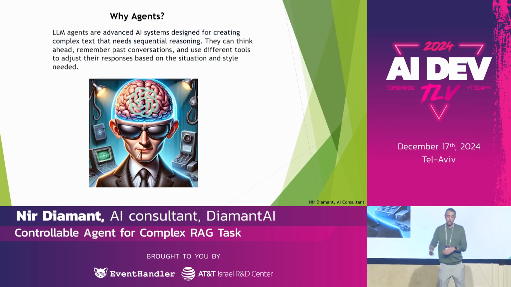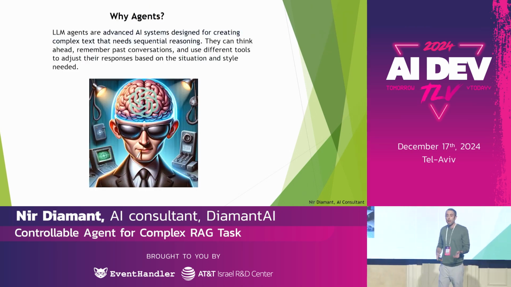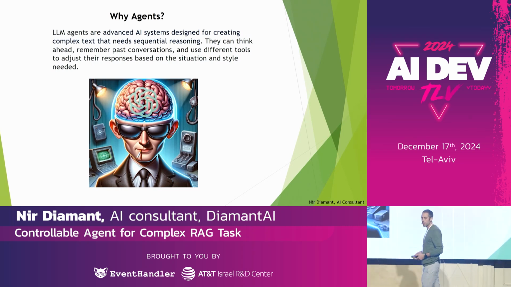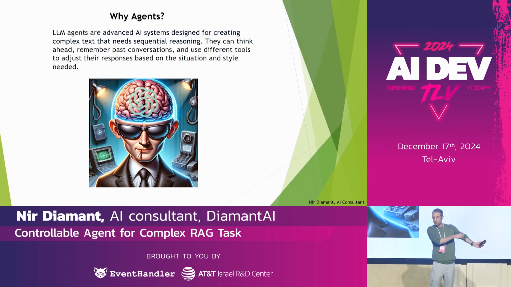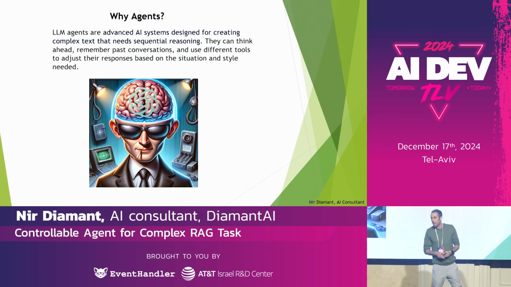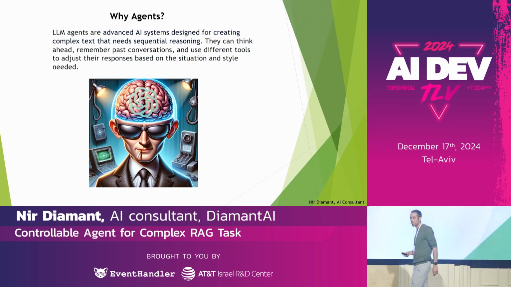Great. Agents. What are agents? LLM agents are advanced AI systems designed for solving complex tasks that need sequential reasoning. They can think ahead, remember past conversations, and use different tools to adjust their responses based on the situation and style needed.